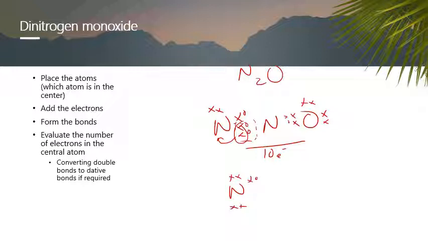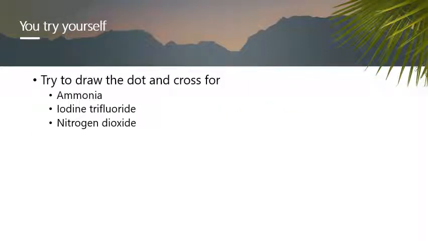And I convert the bottom one to a dative bond. And that's the final answer. Now you try yourself to draw the following: ammonia, iodine trifluoride, and nitrogen dioxide.